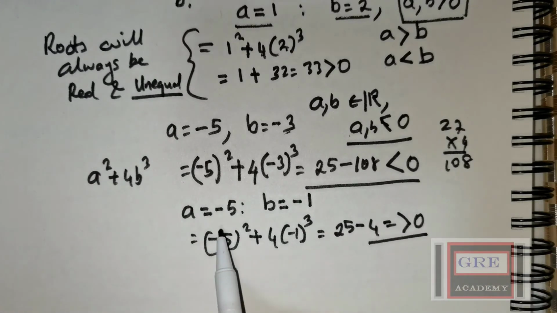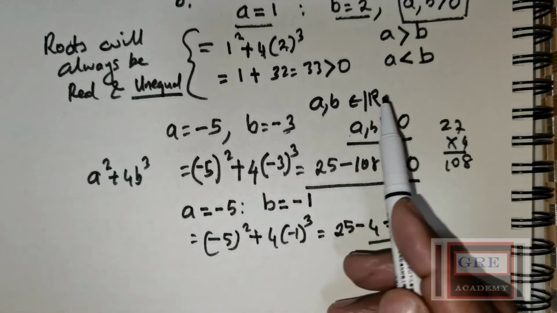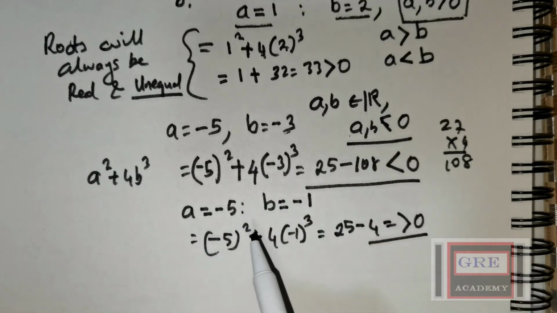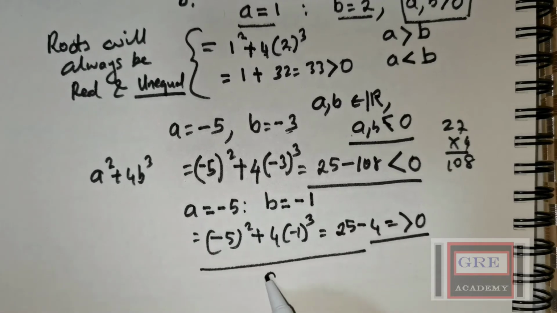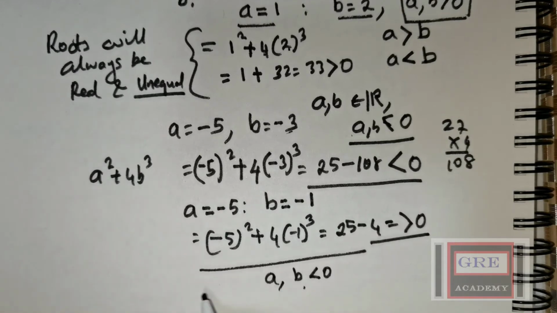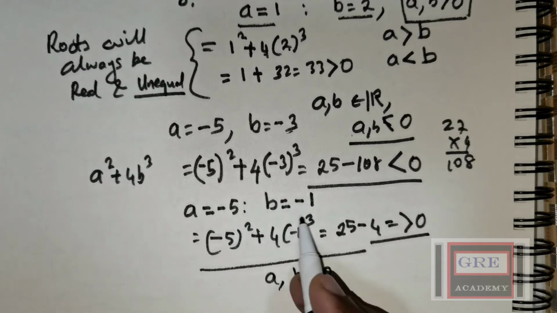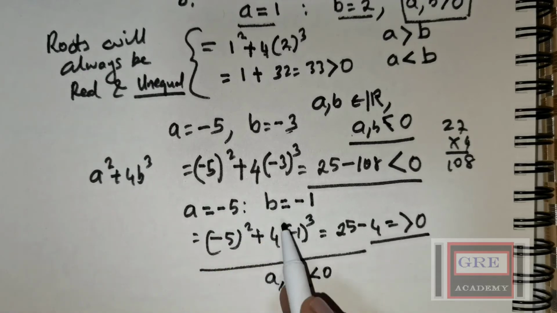Okay, so what am I trying to tell you? The conclusion will depend on whether a and b are less than 0. Now when a and b are less than 0, there are values for which b is very much bigger than a.